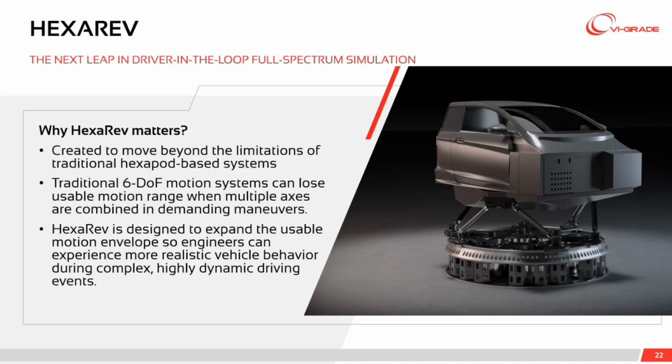It means that if I move, for example, all the way up with my simulator, then I won't be able to do any yaw because I simply ran out of available actuator travel. HexaRev kinematics has been designed to address exactly this issue. So it is very different from a standard hexapod system, and this allows a much greater motion envelope when doing combined maneuvers.